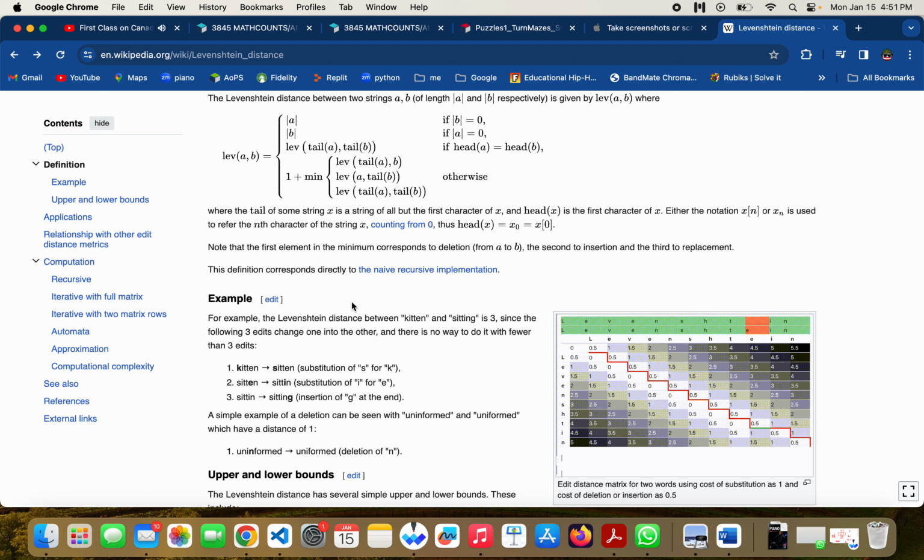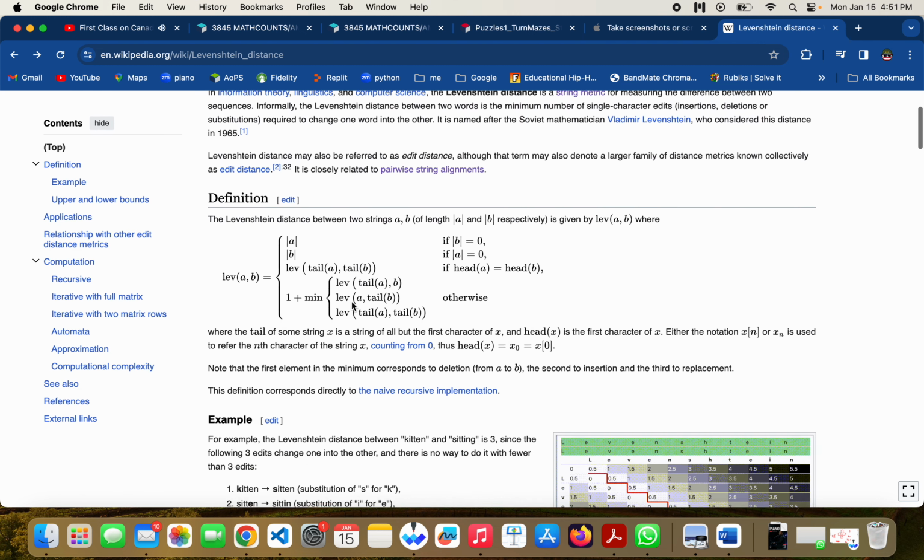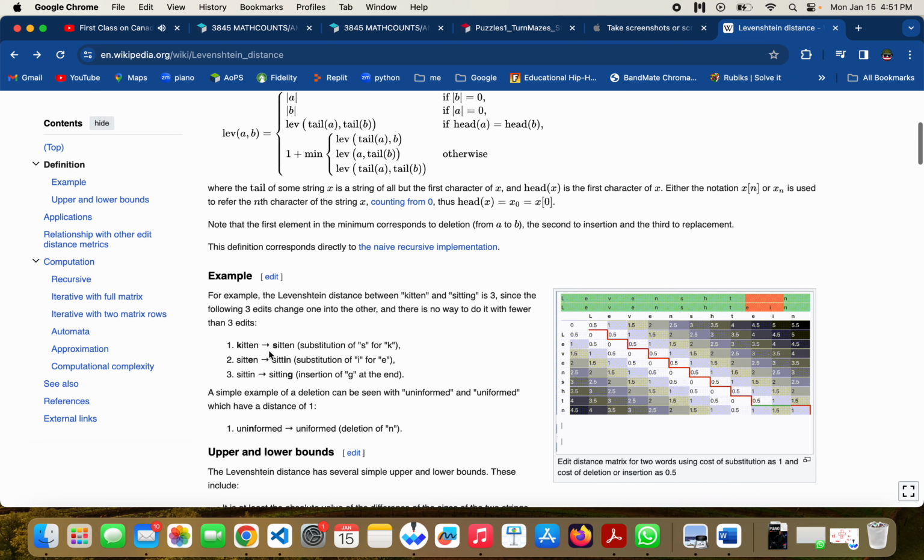Kitten, sitten, sittin, sitting. Oh, this is much more interesting. So we're replacing. Okay.